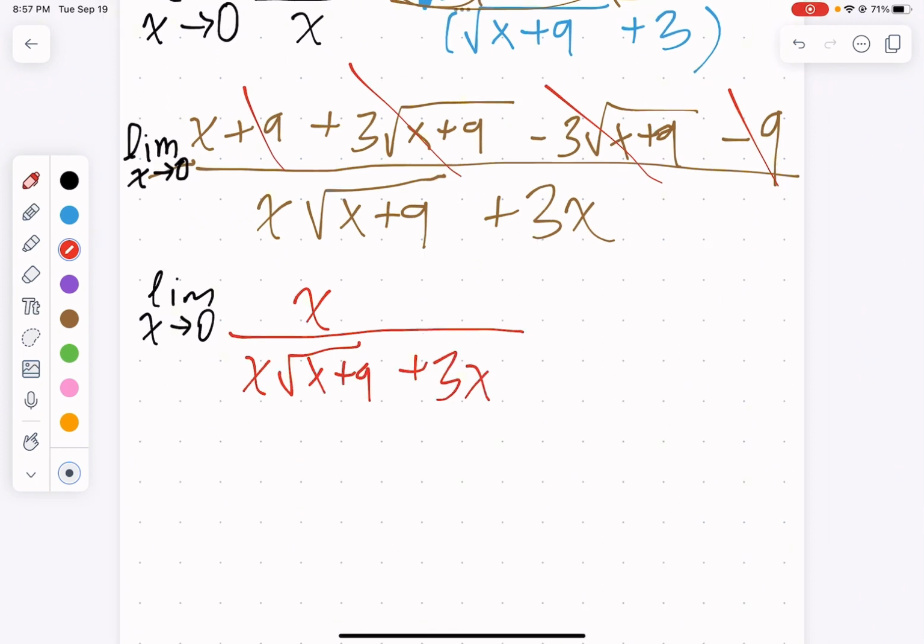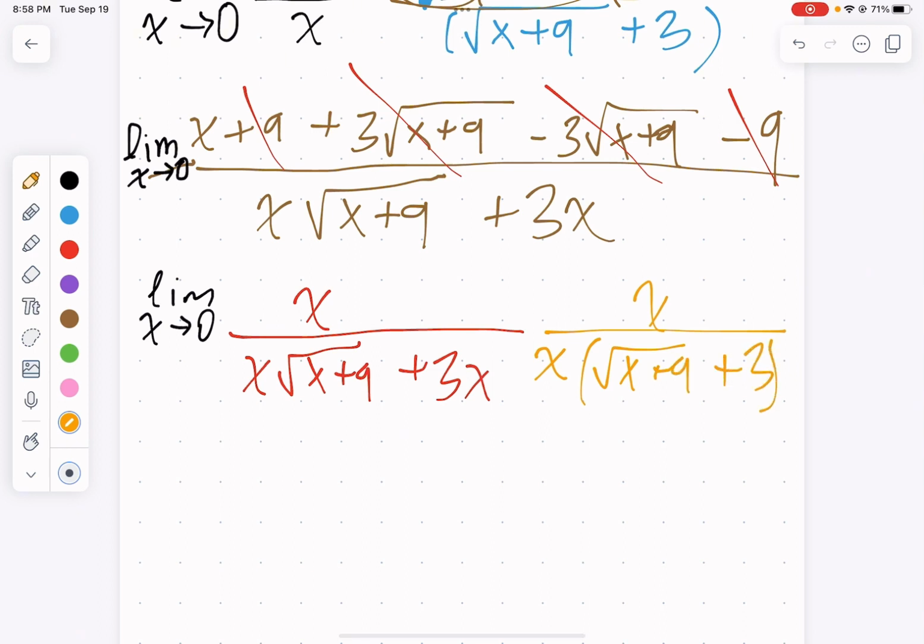And then we're going to factor out the x. Let's pick a different color to make this a little less confusing. Let's go orange. We're going to factor out this x at the bottom, so we're going to be able to cancel out the x from the numerator also. So plus 3, take that out. Now that we have that, we cancel.